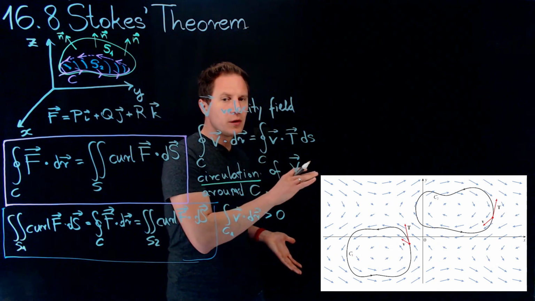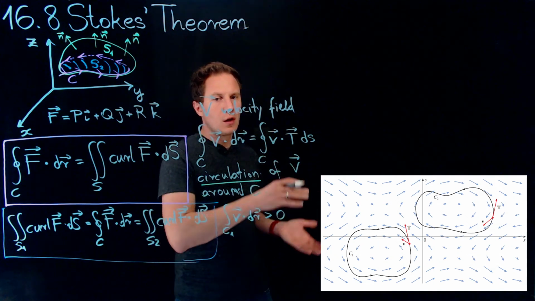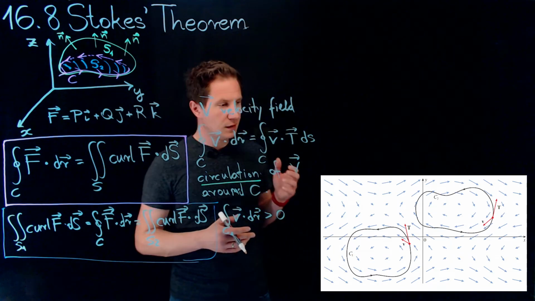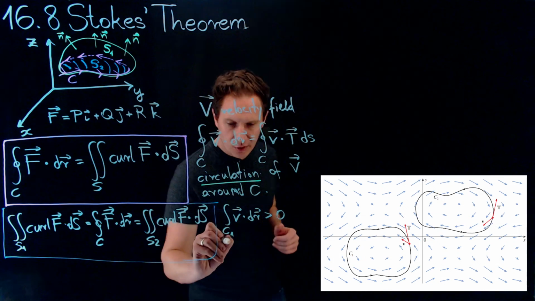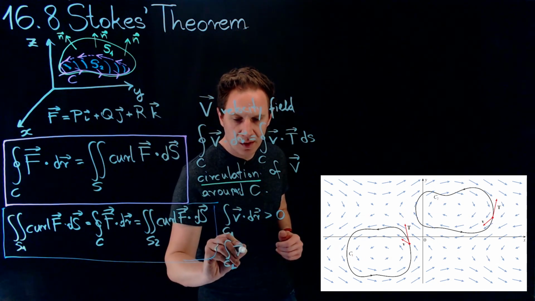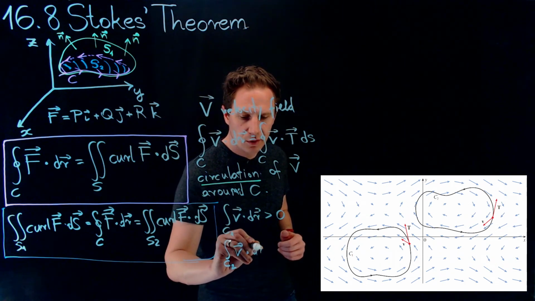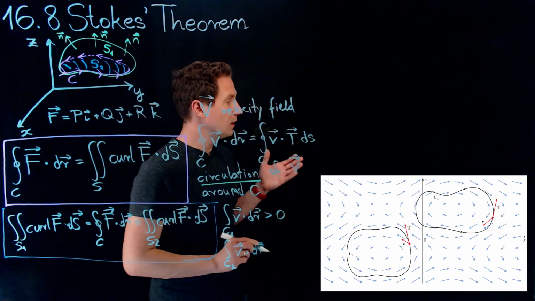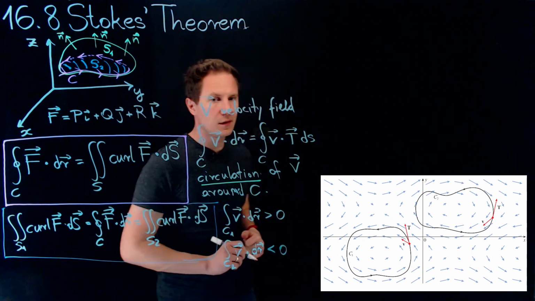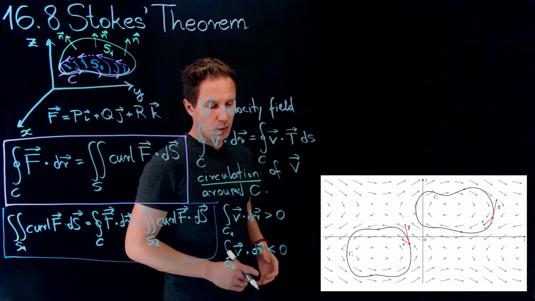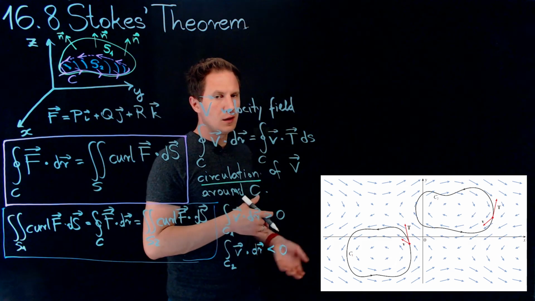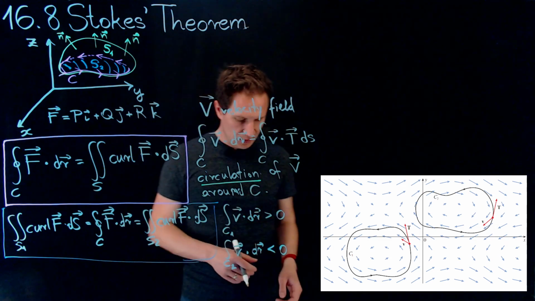So this fluid would flow in the orientation of that curve. While for the other curve C2, we can see that generally the vectors of the vector field point in the opposite direction than the orientation of the curve. So here the circulation would be negative, showing us that it has this tendency to work against the orientation of the curve.